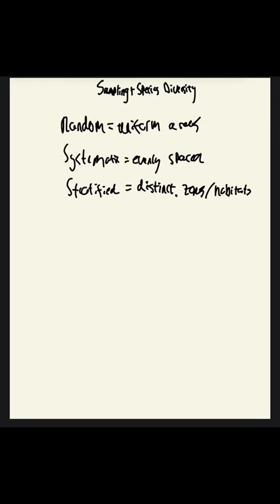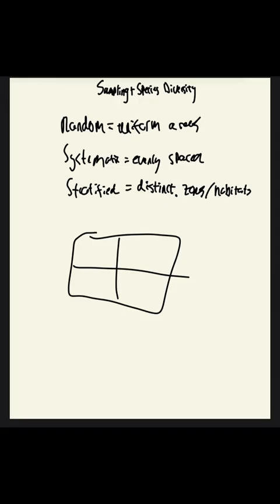Now the technique depends on what you are sampling. Quadrats, so they're these rectangle things that are split up into 4 sections. They are best used for sampling stationary organisms like plants. So therefore stationary.